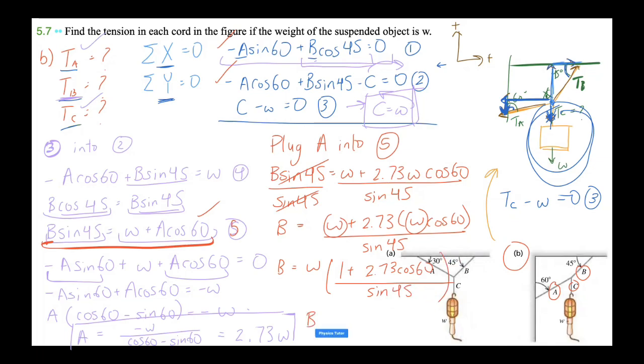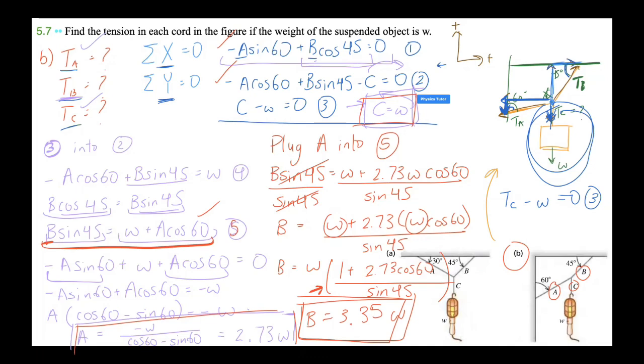So now we just have to plug this into our calculator, which is so much easier. And thankfully, that is 3.35, which is what I got earlier, 3.35W. So we also just solved for B. So we have A, which is 2.73W, B, which is 3.35W, and C, which is W.